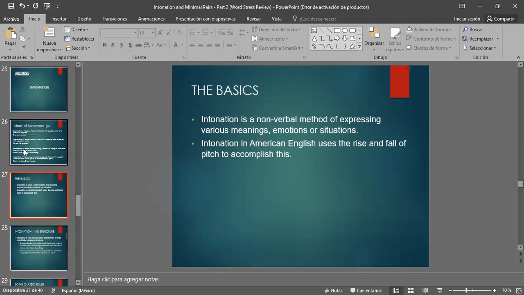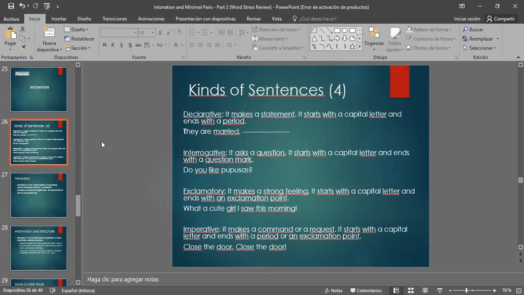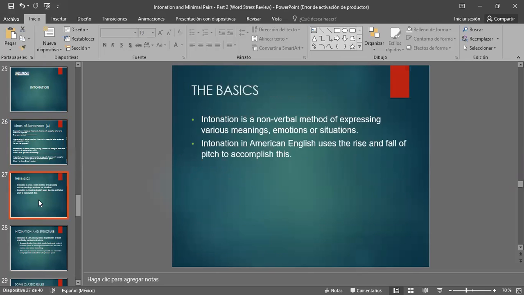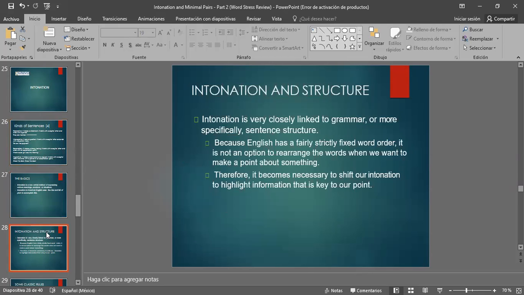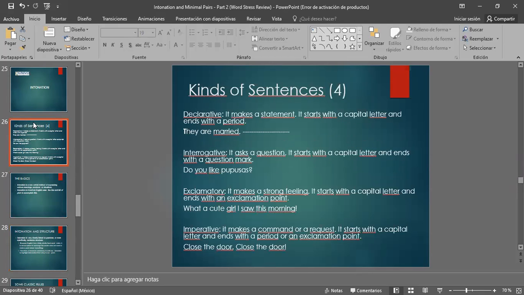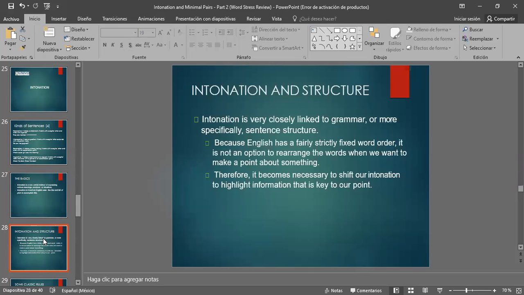De verdad que se me escapó dejarles esto al inicio de los 4 tipos de oración. Okay, intonation in American English uses the rise and fall rate of speed of pitch, sorry, to accomplish this. Intonation and structure. We have studied the structure.